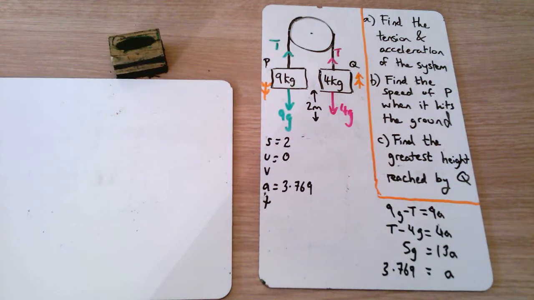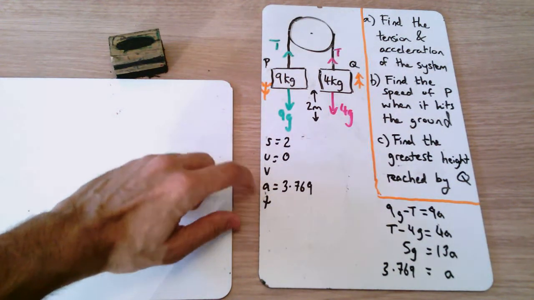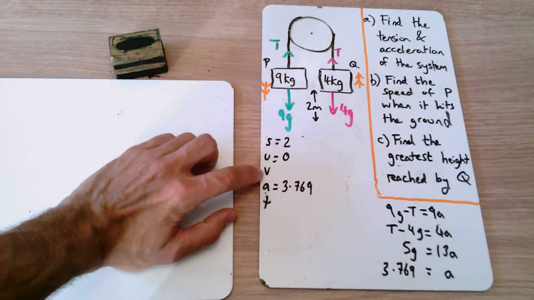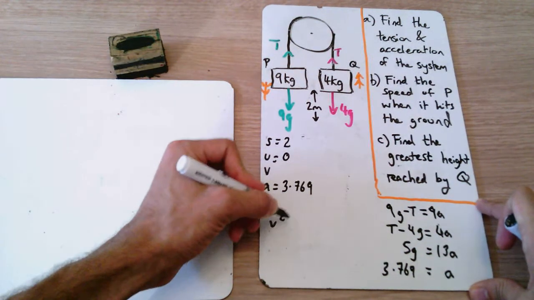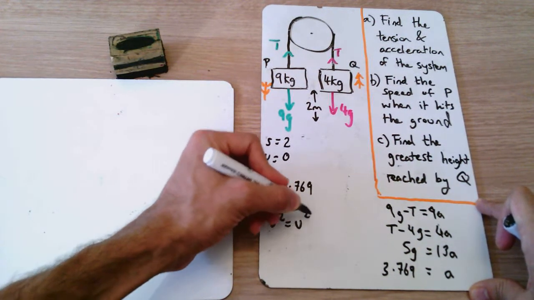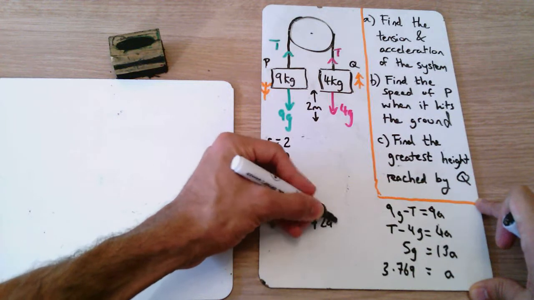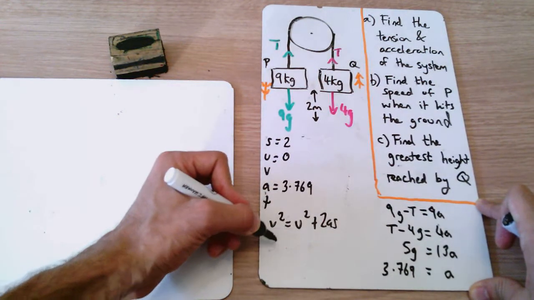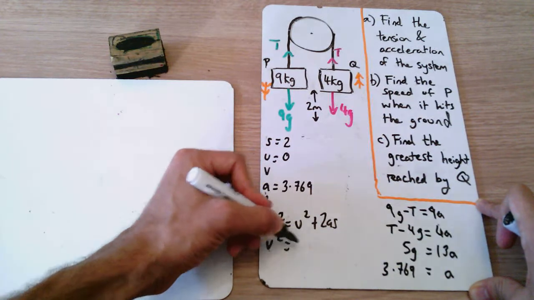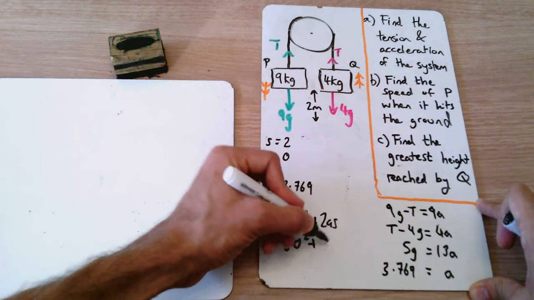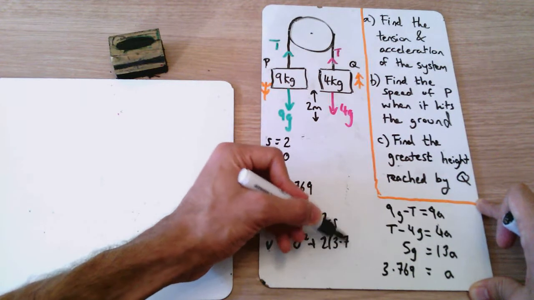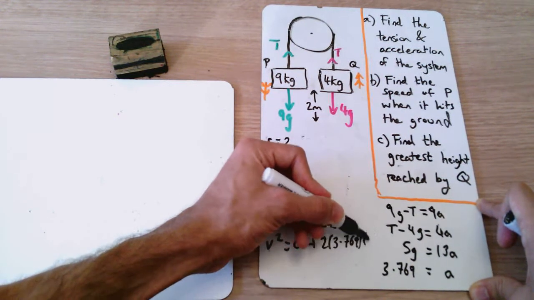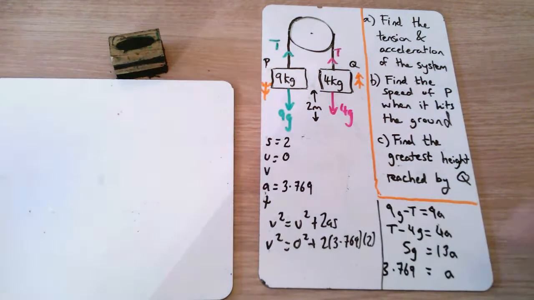Using the formula v squared equals u squared plus 2as, that is going to give us v squared is equal to 0 squared plus 2 times by 3.769 times by 2.